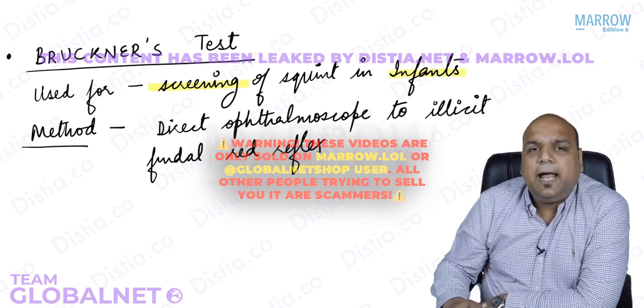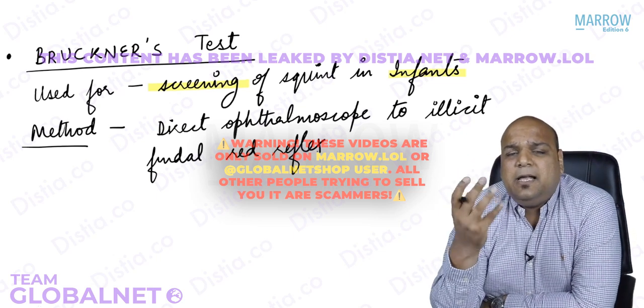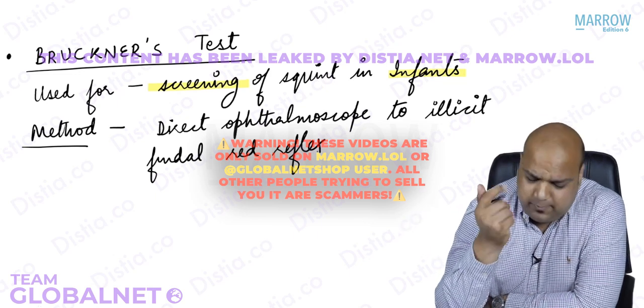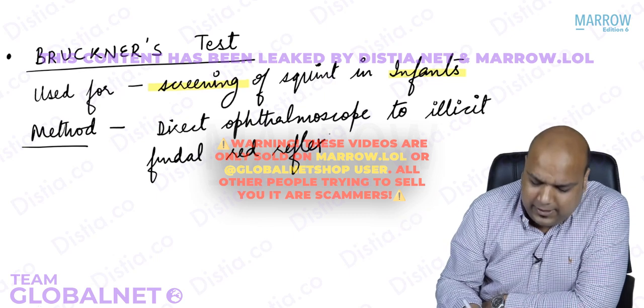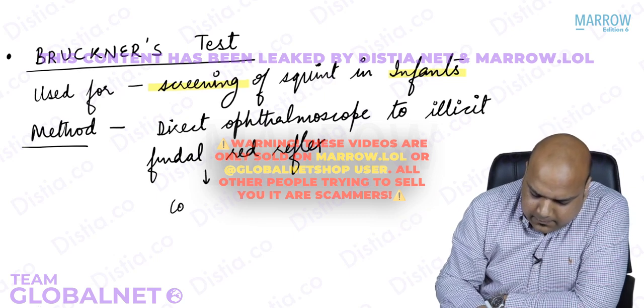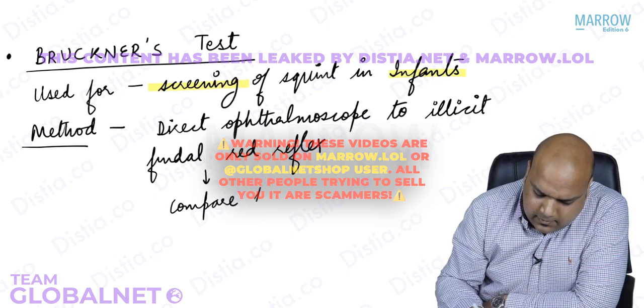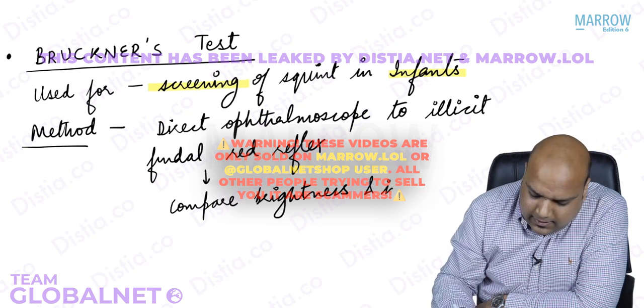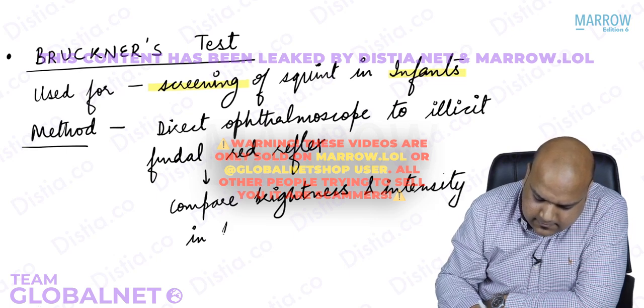Basically, whenever we shine light into the eye, we see a red eye, everybody. That is the fundus red reflex. That has been explained to you in the retina chapter. Yes, direct ophthalmoscope to elicit the red reflex and then compare brightness and intensity in both eyes.